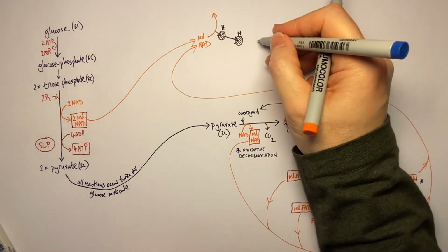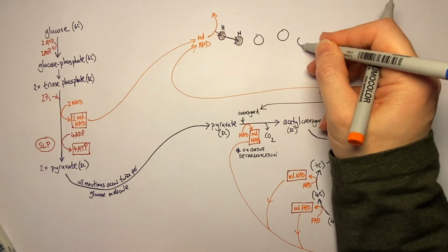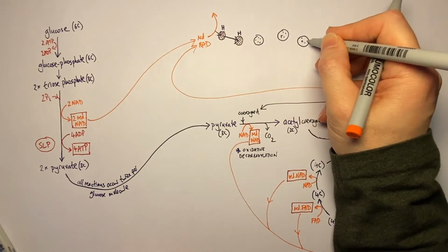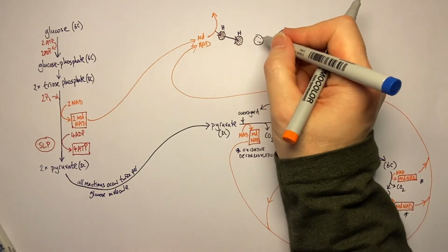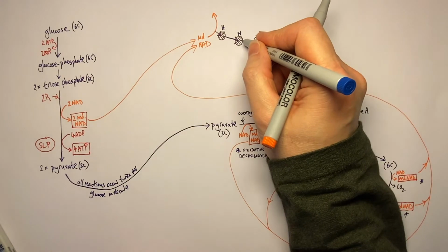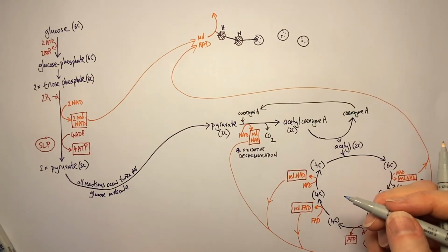After that, there are some more proteins in the membrane. I'll draw them slightly differently. And what happens at this point is that the hydrogens are separated.